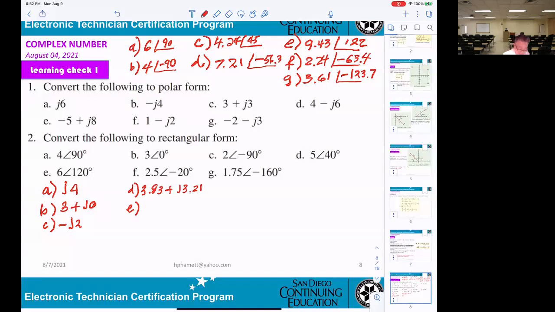For E, what do you get? It's correct. 3.2 is the real part. I got the same as you, Mr. Pham. Yes, that is the correct answer.